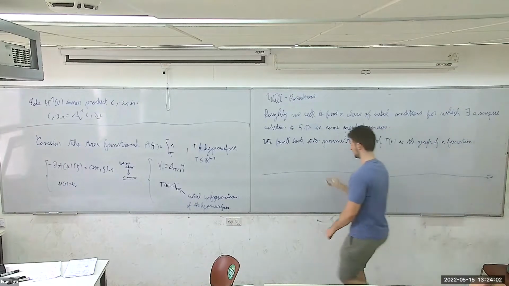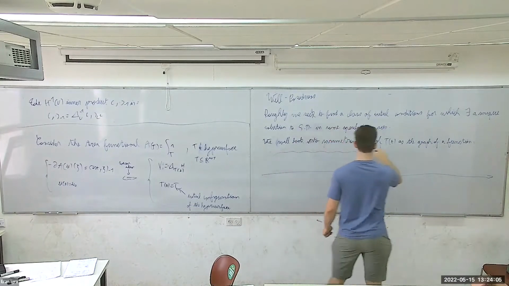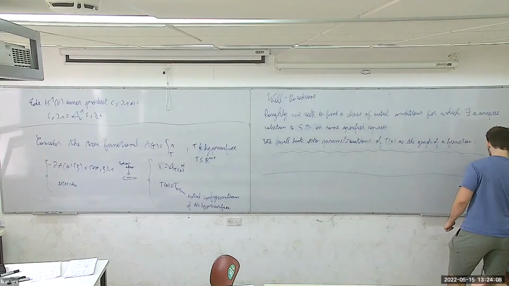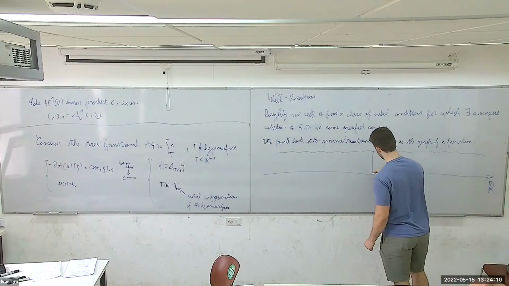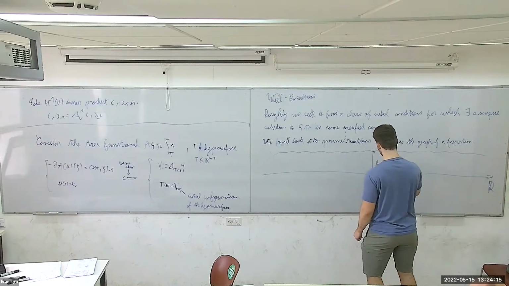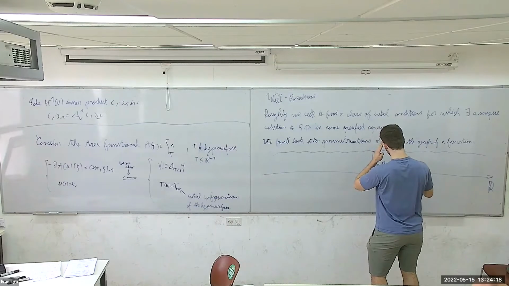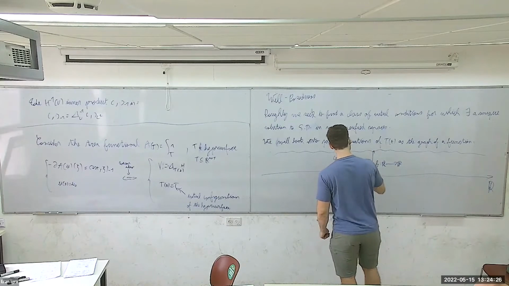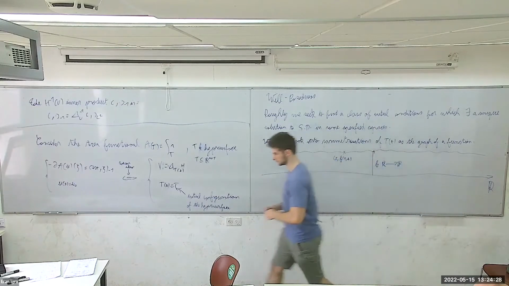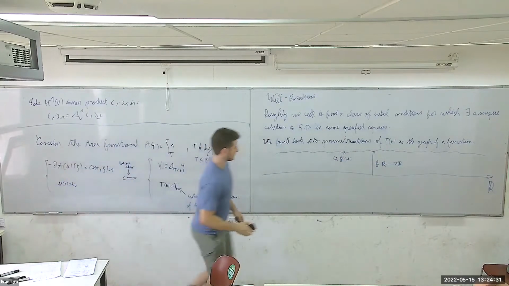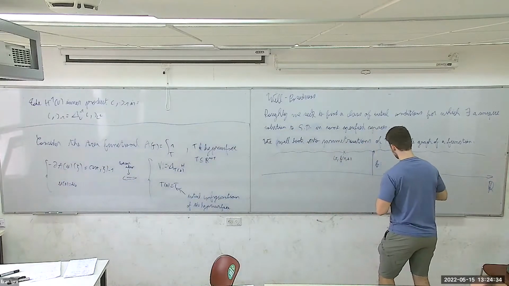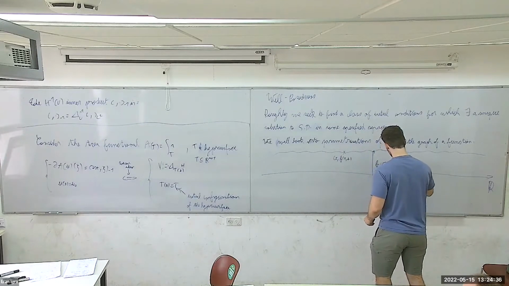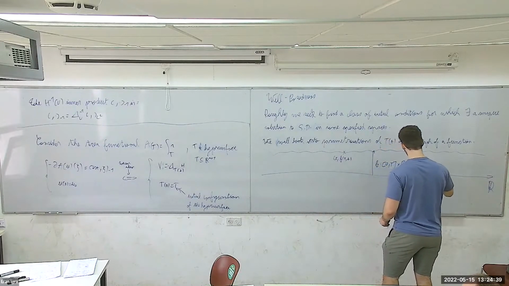My lines are not very straight. So this is R. This is the function U. So this is the function f of x from R to R. And each point here will be (x, f(x)).